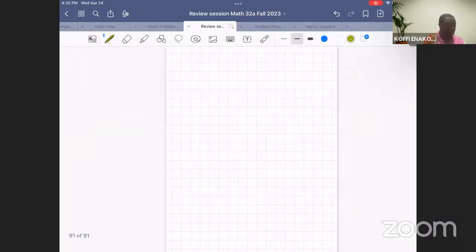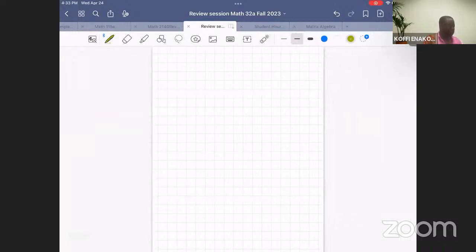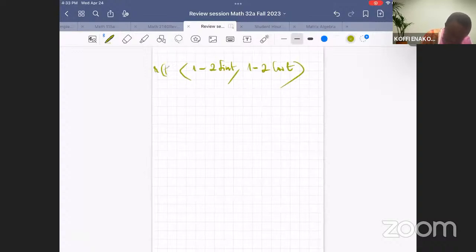Okay, so the question above said r of t is 1 minus 2 sine of t, 1 minus 2 cosine of t. So that's r of t. And r prime of t is going to give me minus 2 cosine t, with 2 sine t.